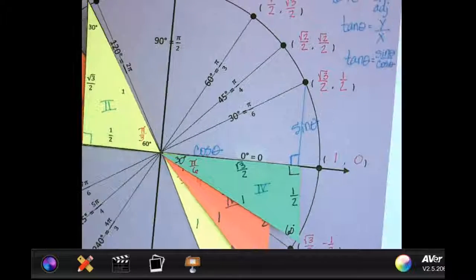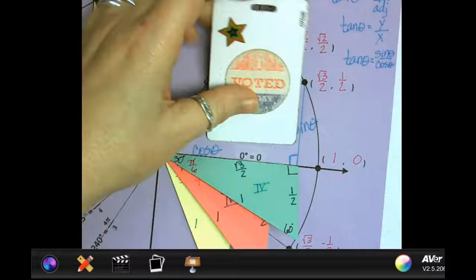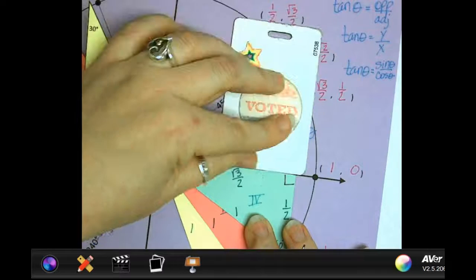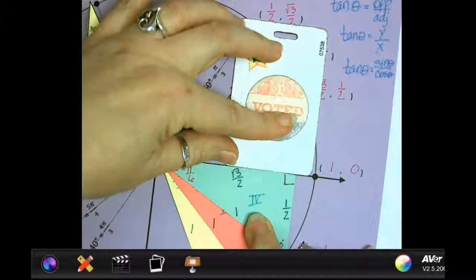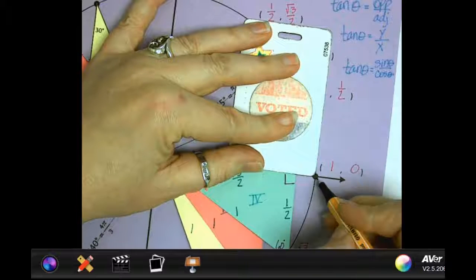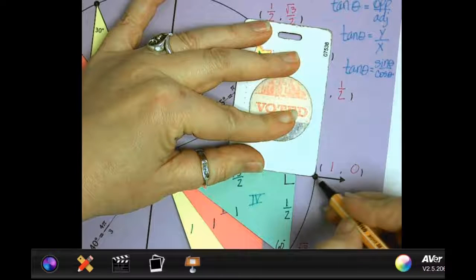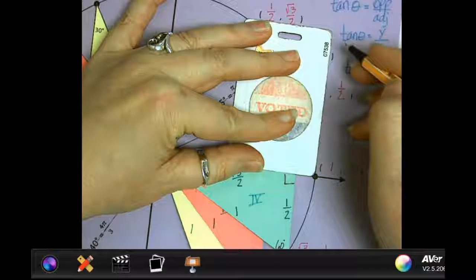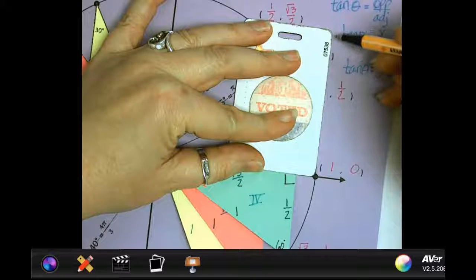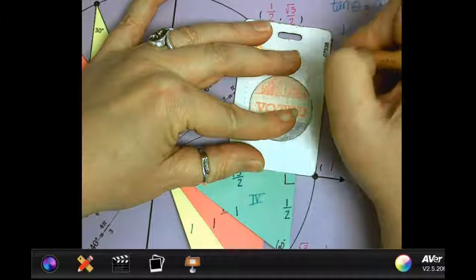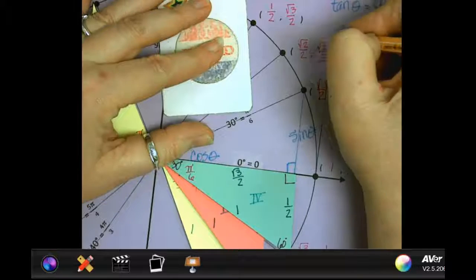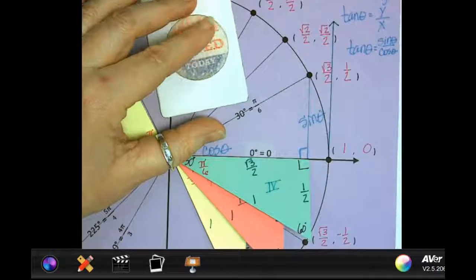Then I want you to take your ID and take another line and make it go through one of your ordered pairs, and it's fine. But just draw that in right there. The ray that comes through.